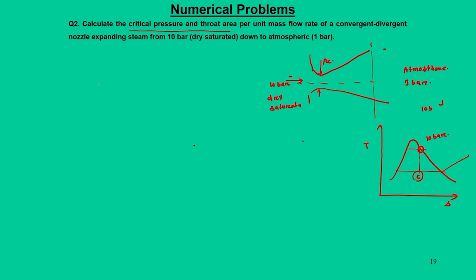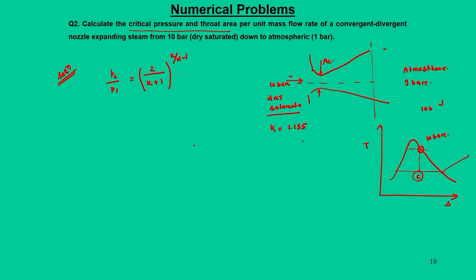So, for that we have to recall the expression for Pc by P1, that is 2 by k plus 1 to the power k by k minus 1.